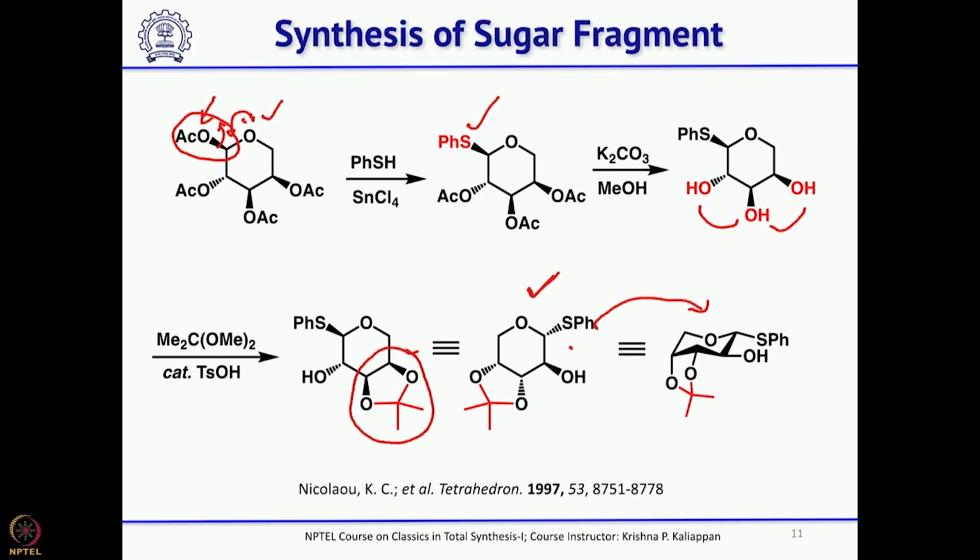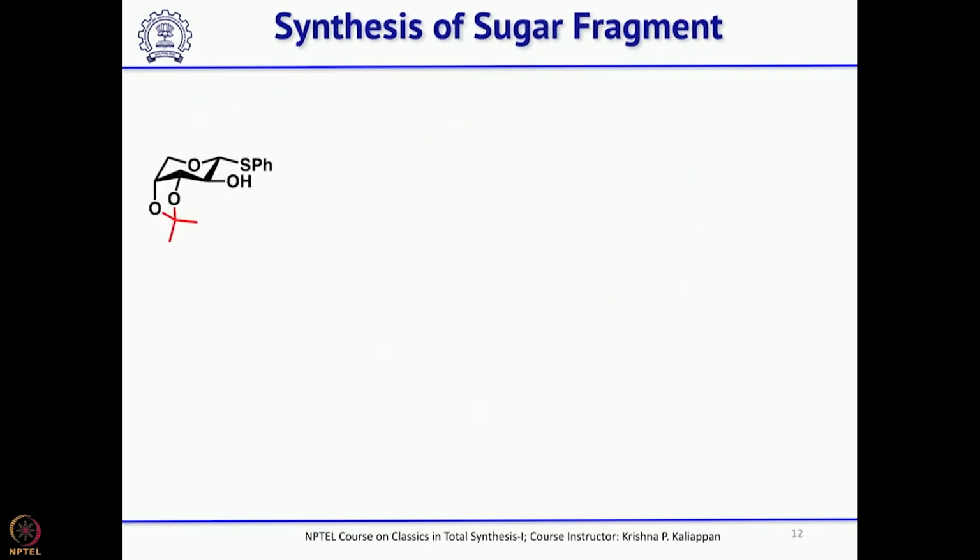Okay. Now, you see this is the chair conformation, and the cis diol is protected, and the equatorial alcohol, now you can protect it as PMB ether. Okay. Sodium hydride, PMB chloride will give you the protected PMB ether.